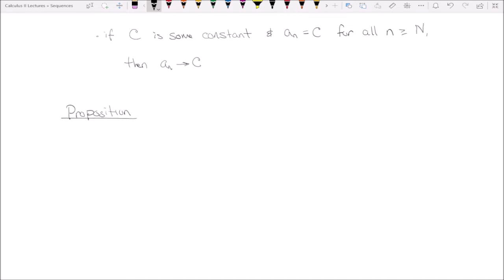Right, so there's a proposition that states if the limit as x approaches infinity of f of x exists, then the sequence a sub n equals f of n converges to the same limit.